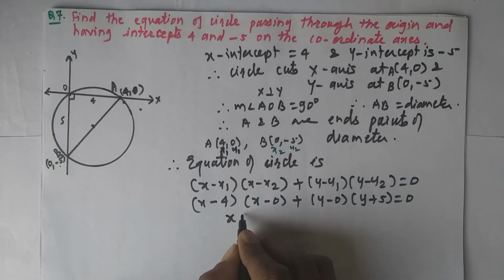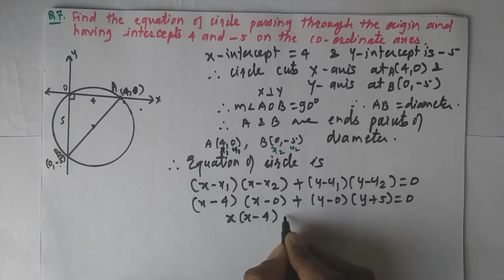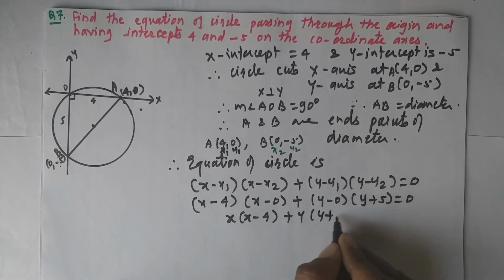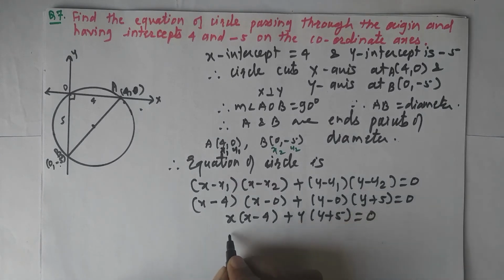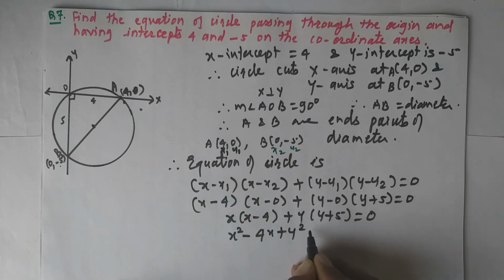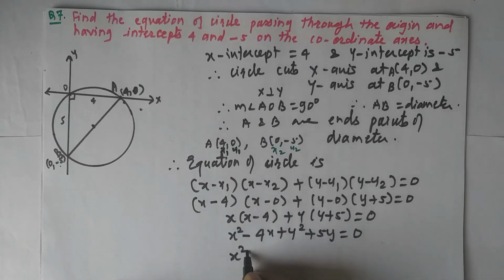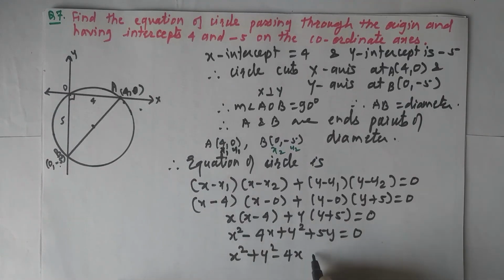This is nothing but x(x - 4) and y(y + 5) equal to 0. Now I will simplify this. This is x square minus 4x plus y square plus 5y is equal to 0. After simplification, this is x square plus y square minus 4x plus 5y is equal to 0.